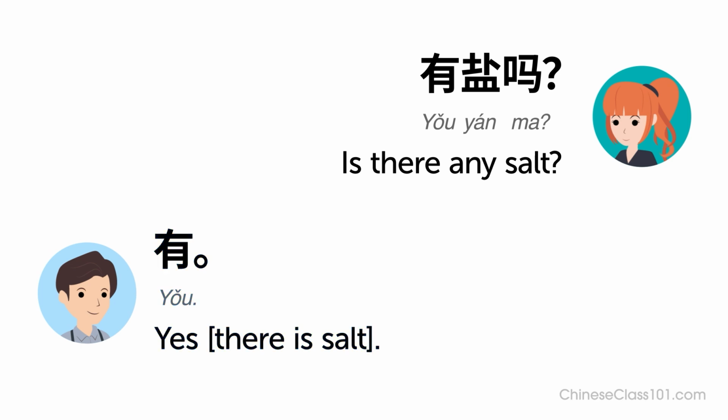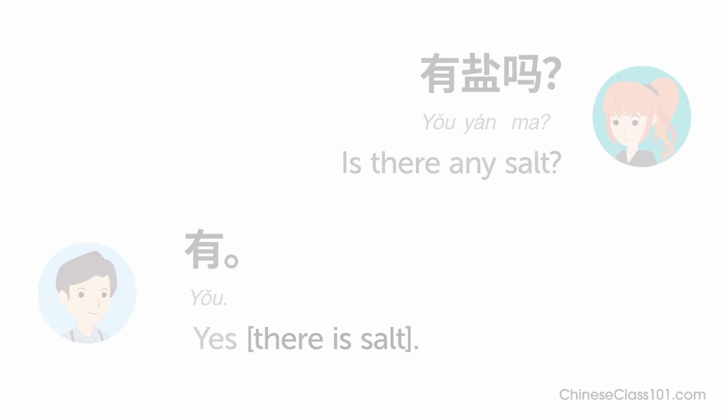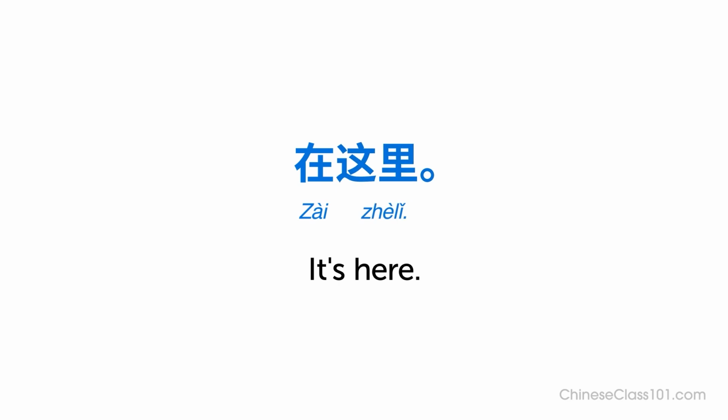To answer a yes or no question in Chinese, always echo the verb or adjective that's used in the question. After this is 在这里, translating as it's here.